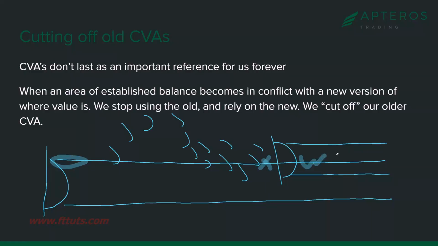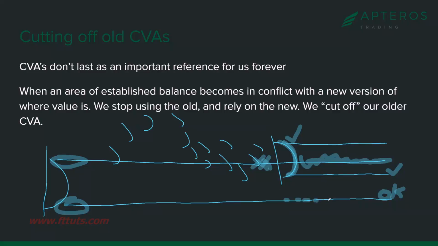We are not going to use this. This is good. This is good. This is okay. This now becomes a minor area for us. The main balance is the most recent one. We cut off anything that was conflicting with the new one.